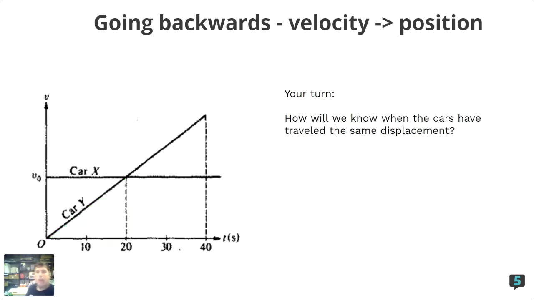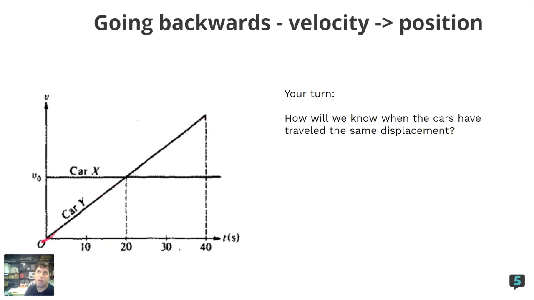So this is kind of our application question. How do we know when the cars have traveled the same distance? What on the graph would have to be the same to tell us that these cars moved the same exact distance throughout this motion? We know that when the cars have traveled the same distance, the areas will be equal.